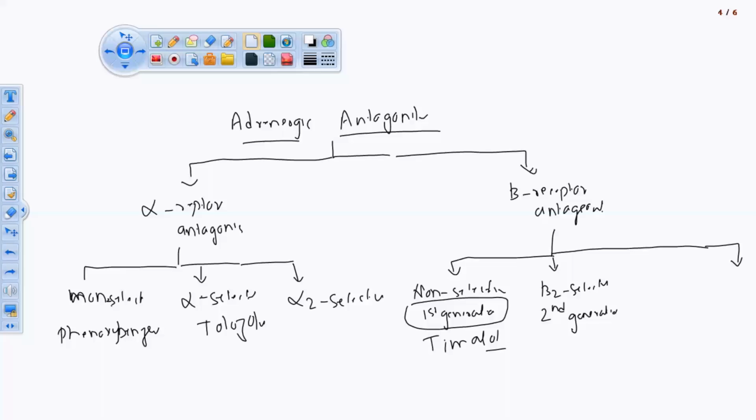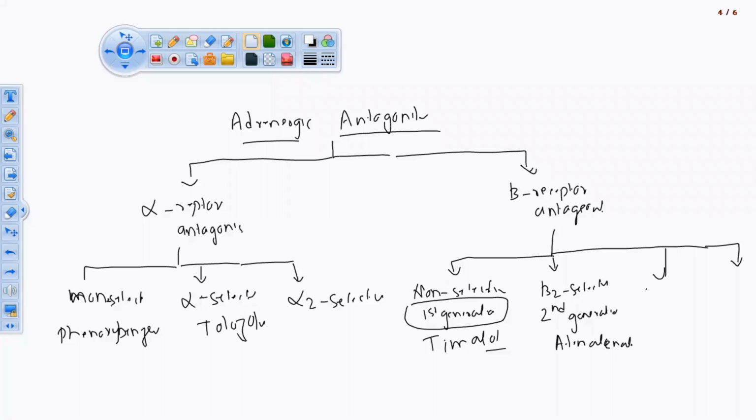Another, atenolol, esmolol, acebutolol, all are second generation, beta 1 selective drugs.